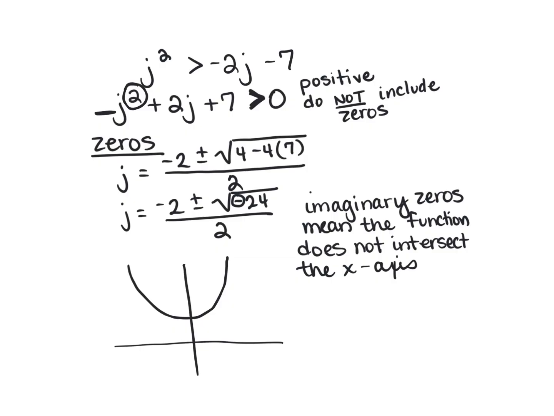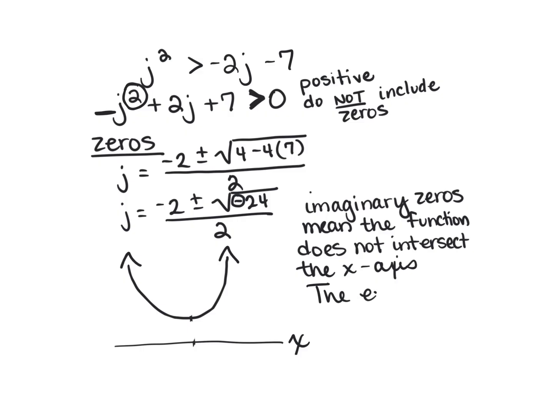Now, again, I'm going to erase this y-axis because I don't know exactly where it hits it, and I don't need to determine that. So I'm just going to erase that, and we're going to look at the fact that this is the x-axis. And if this function never hits the x-axis, and I need positive y values, well, that's the entire graph, okay?